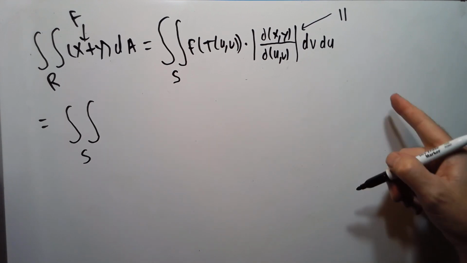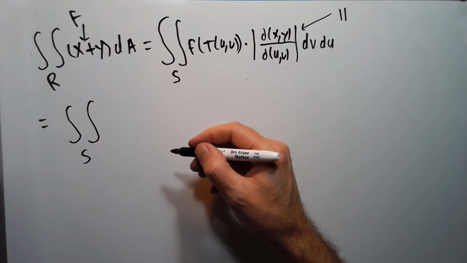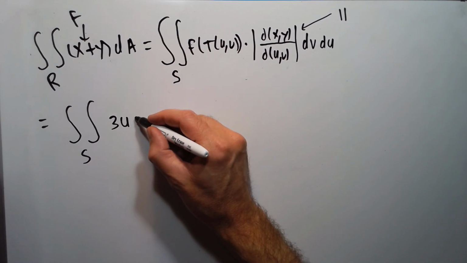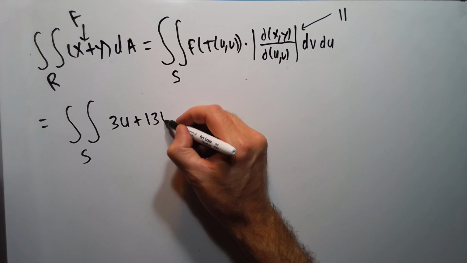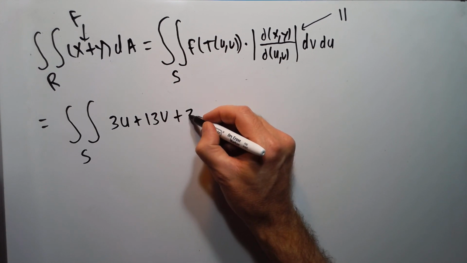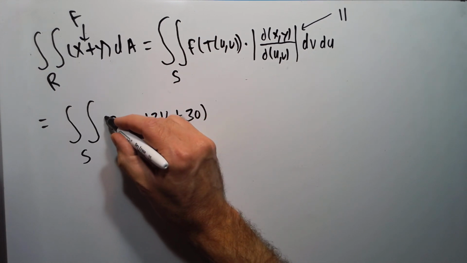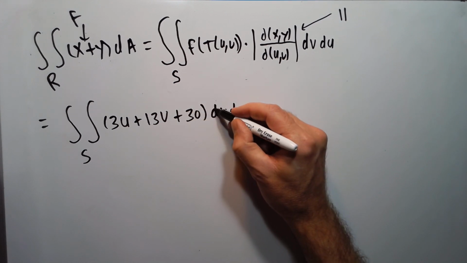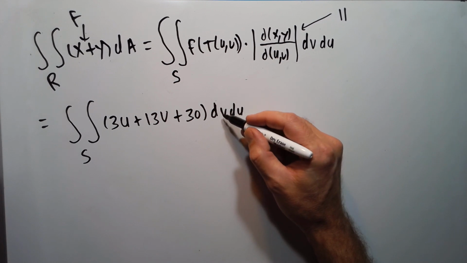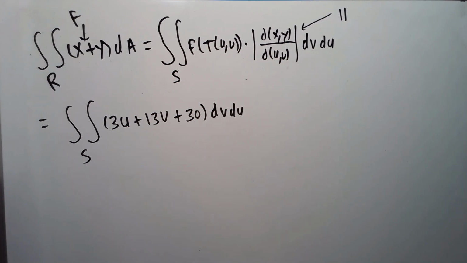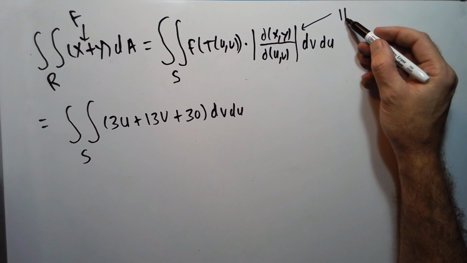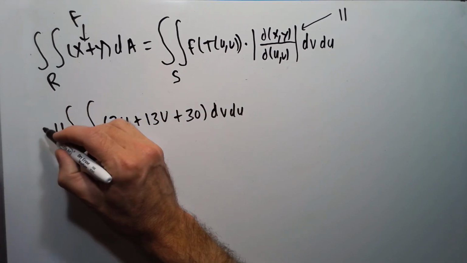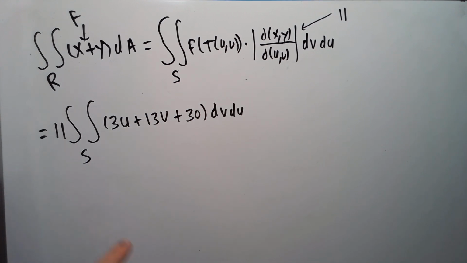Well, we know S is the right triangle, but we found the integrand here was 3u plus 13v plus 30. I'm going to do dv du. The choice is yours. You can do du first or dv first. Then the 11 for my Jacobian, I'm going to pull out in front of the integral. So let's figure out what the limits are going to be on this.